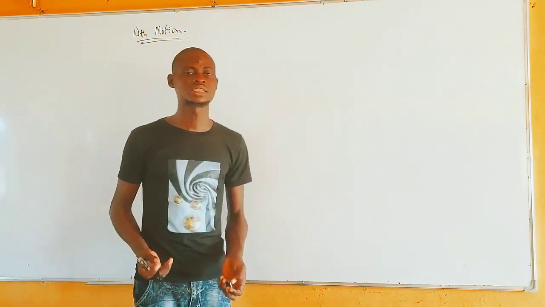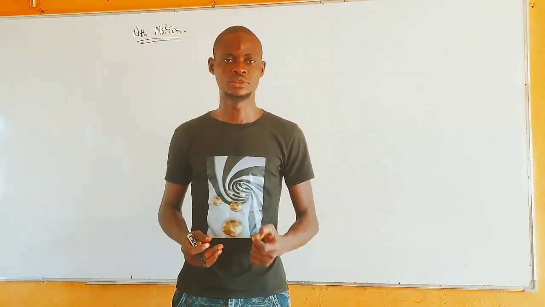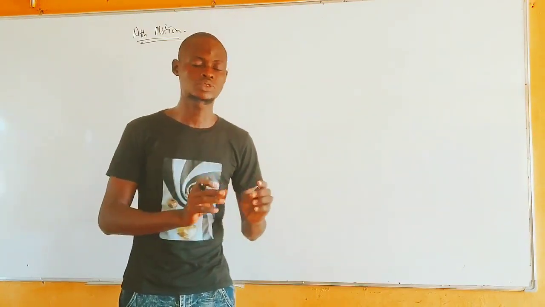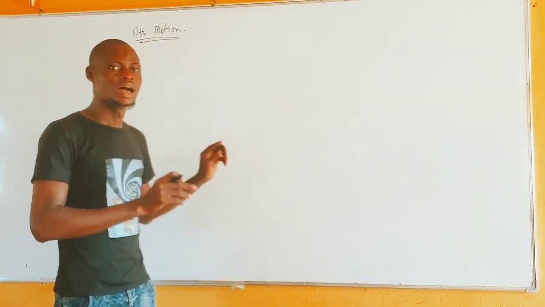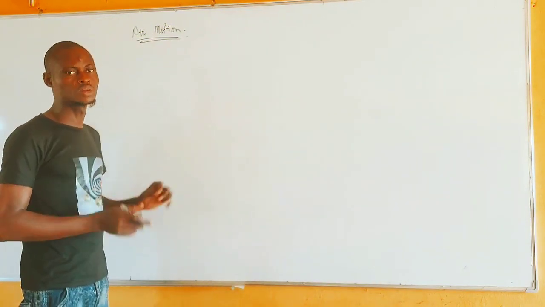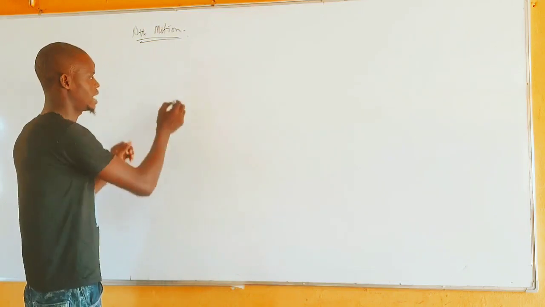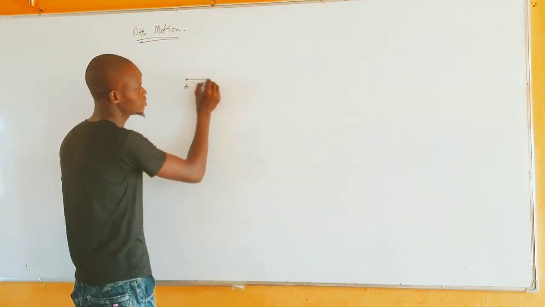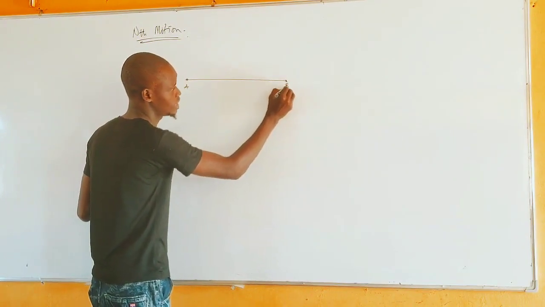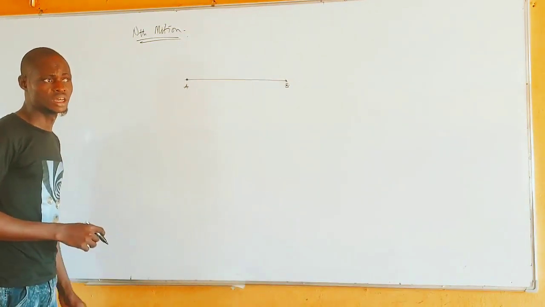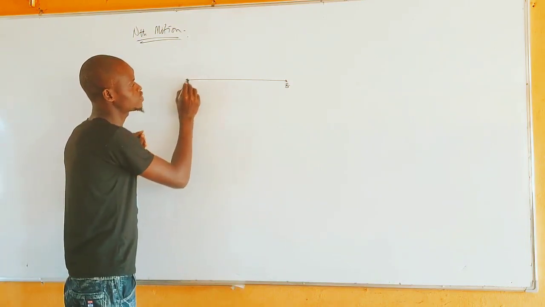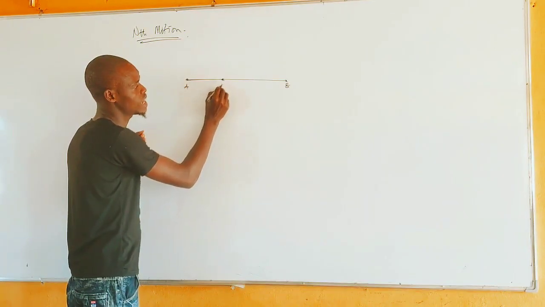Now the first thing is, what do we mean by Earth's motion? Sometimes your knowledge is always tested when it comes to JAMB on what Earth's motion is. For example, I have a body that is starting from point A, going towards point B along this direction. The body is covering a distance to a point, let me say M here.